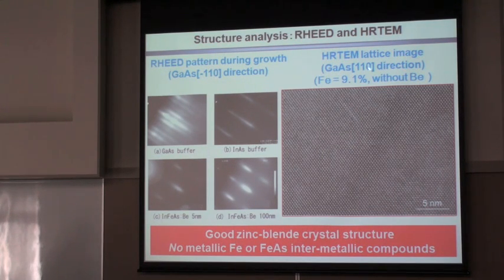And even though we have 9.1% iron concentration, which is very high, we see only the zinc blende structure, in all over the film. So this is a zinc blende single crystal structure. We see no metallic iron or no other intermetallic compounds.